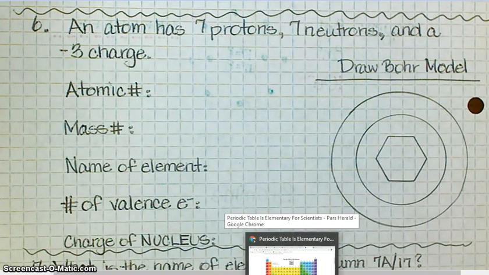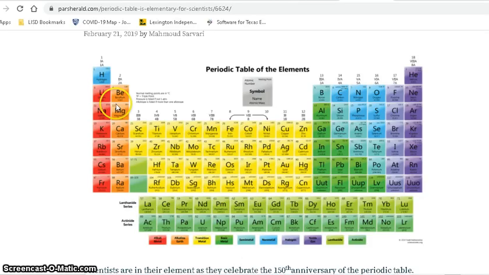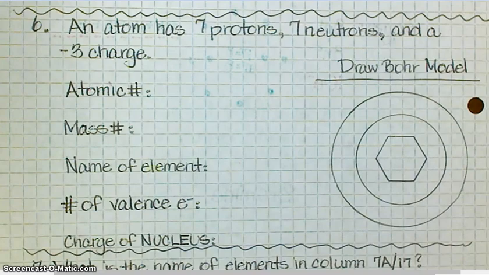All right, the next one says an atom has 7 protons, 7 neutrons, and a -3 charge. 7 protons. Let's see, element number 1, 2, 3, 4, 5, 6, 7. So element number 7 makes it nitrogen. Okay, so we know that this is a nitrogen atom because it has 7 protons.